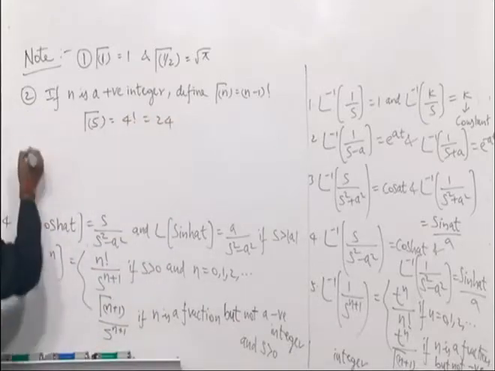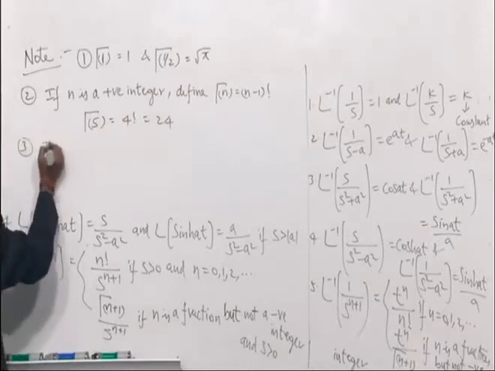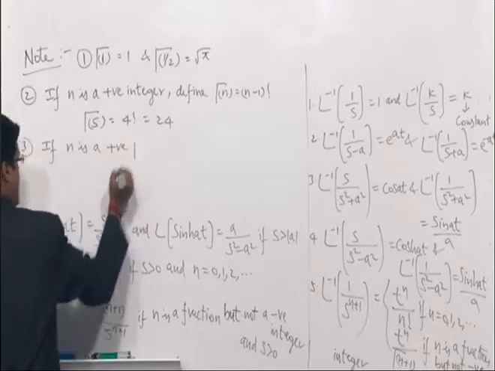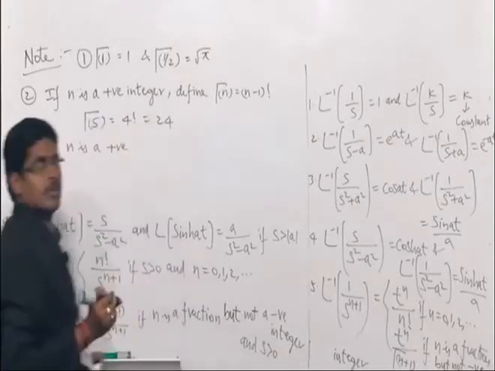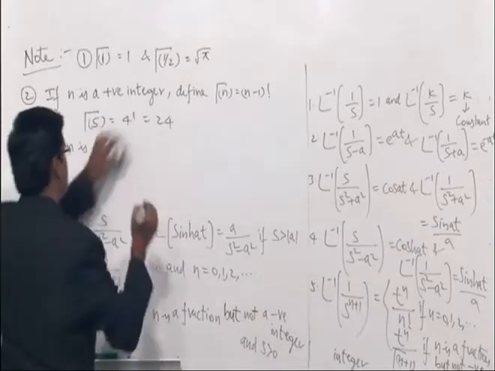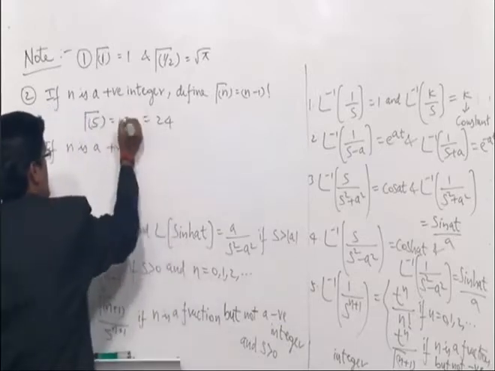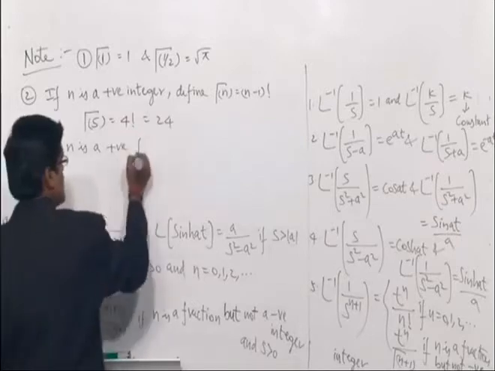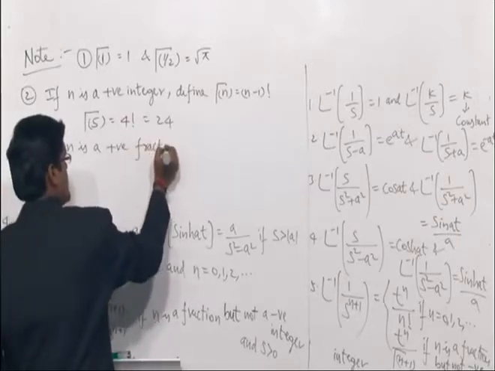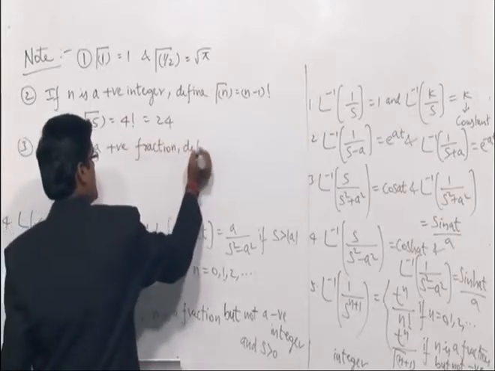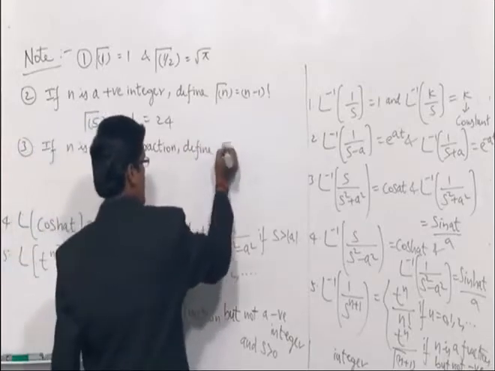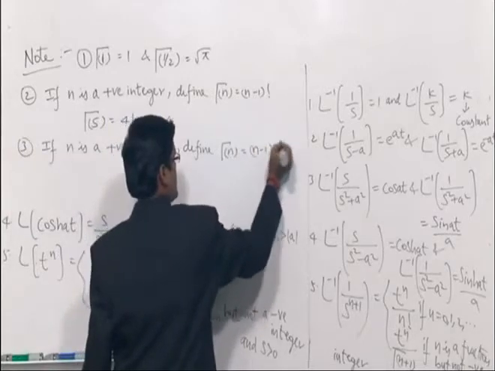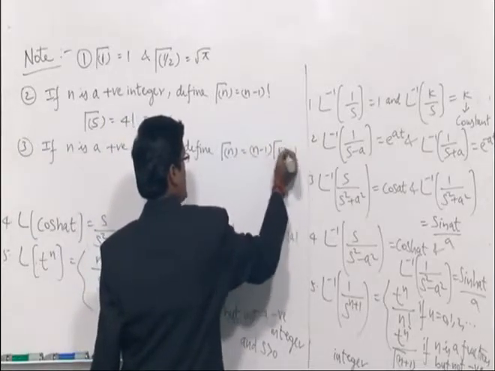3. If n is a positive fraction, define gamma n is equal to n minus 1 times gamma n minus 1.